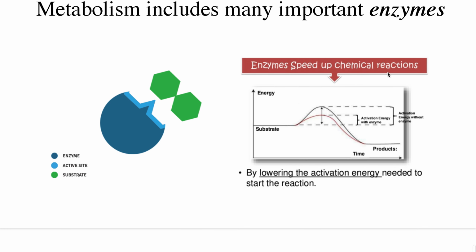So, when we talk about enzymes speeding up chemical reactions, if we actually look at the amount of energy that we actually need and hold, and how enzymes help to speed up chemical reactions, they speed up chemical reactions by lowering what's called the activation energy. So I've got a substrate just like this.